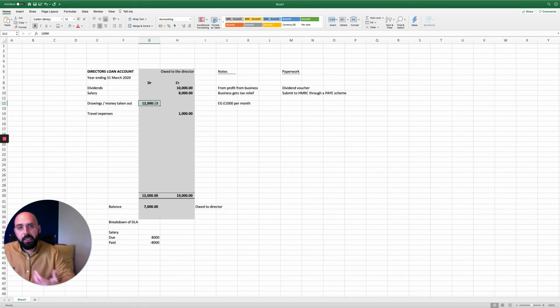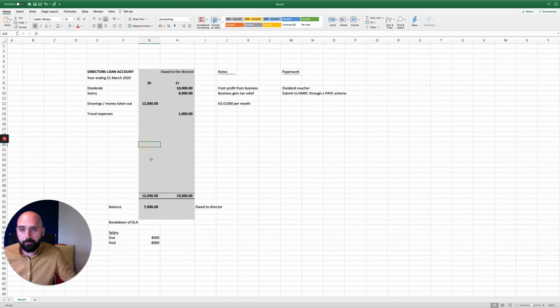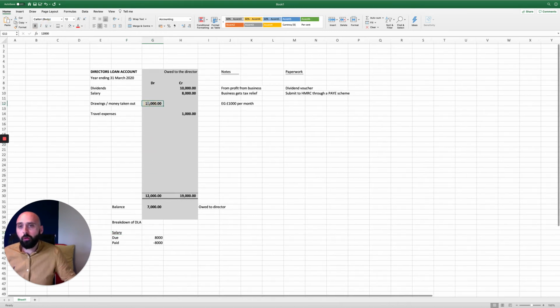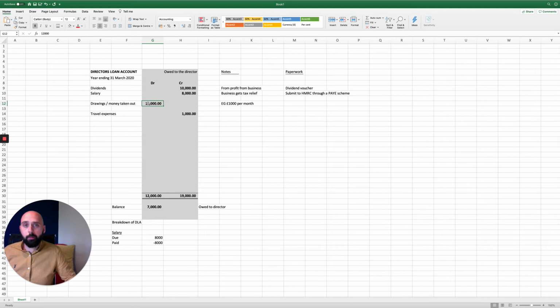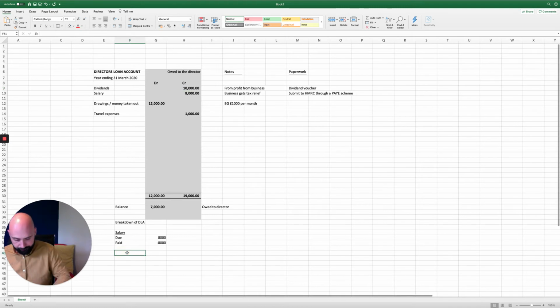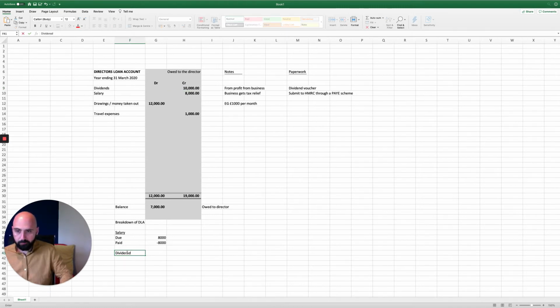Just for argument's sake, that's how you do it as you're going along. That means you've got an extra £4,000 on top of your salary, and let's pretend it's from your dividends. So let's do your dividends. We've got owed or due, to be consistent with the words.